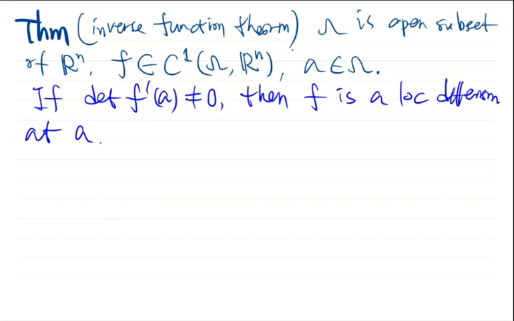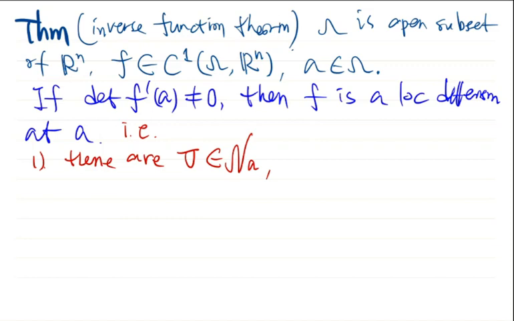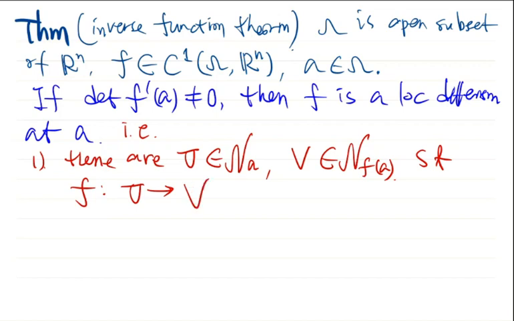So more precisely, there are an open set U containing A and another open set V containing the image of A, such that F restricted to U and mapped to V is bijective. This is the first conclusion.